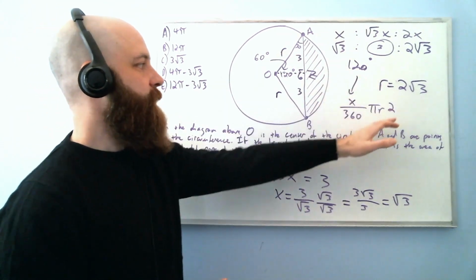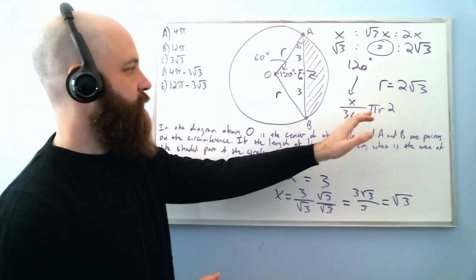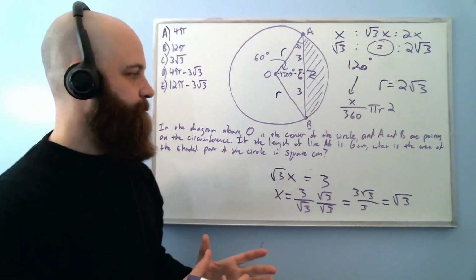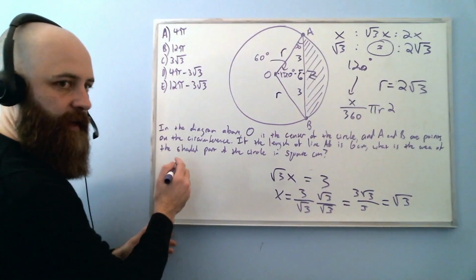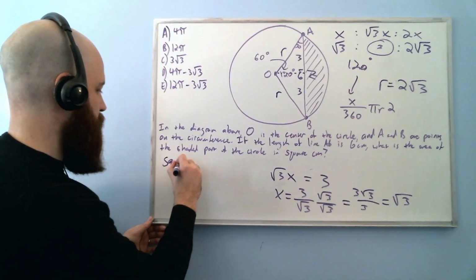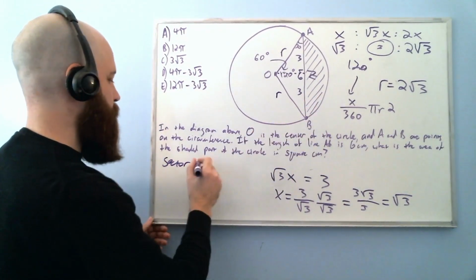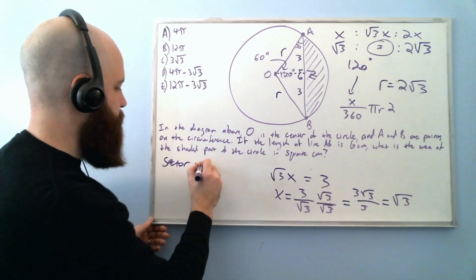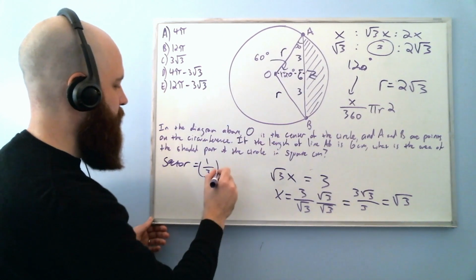Now I can plug that into my sector formula. Then I can subtract the area of that triangle, and I should be in good shape. Okay, so let's get the area of the sector. That's equal to x over 360, so 120 over 360, which gives me 1/3, times pi r squared.